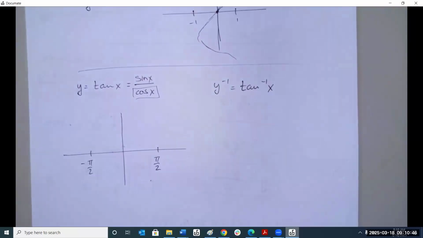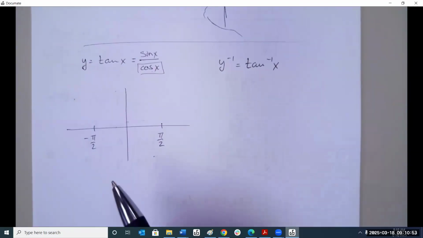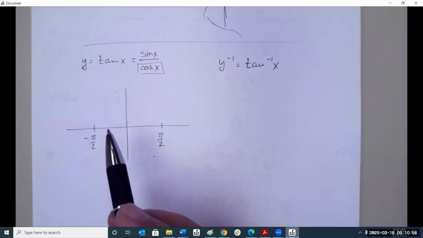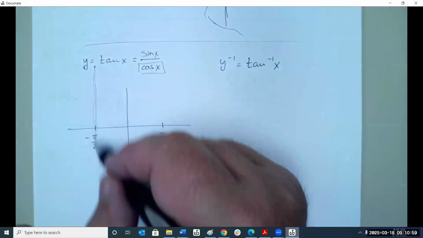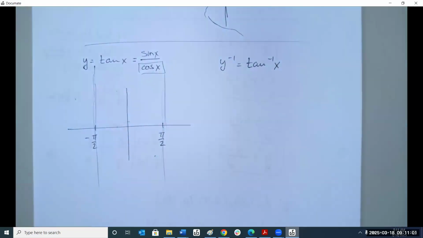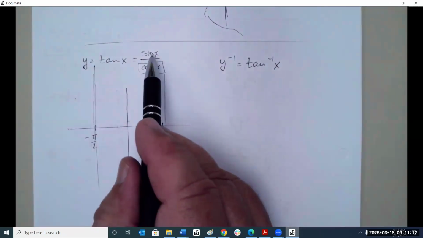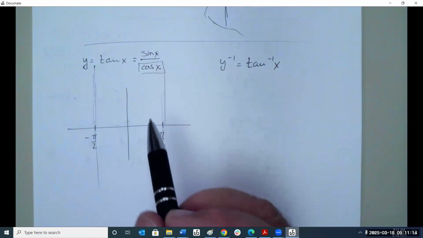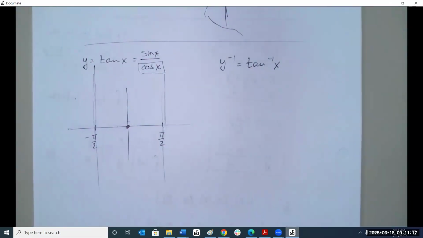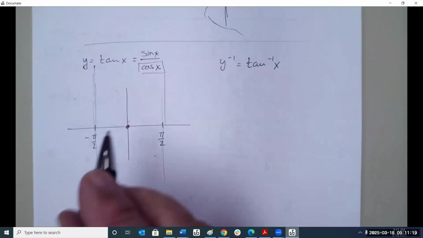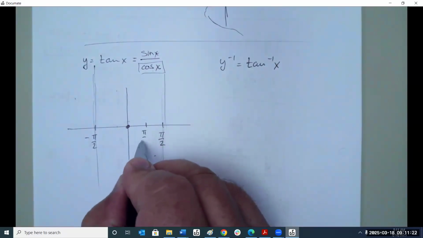It's got a period of pi units wide, from negative pi over 2 to pi over 2. These are my vertical asymptotes. The graph cannot cross these vertical asymptotes. At 0, what is my function? Sine of 0 is 0. Cosine of 0 is 1, so it's 0. How about pi over 4?